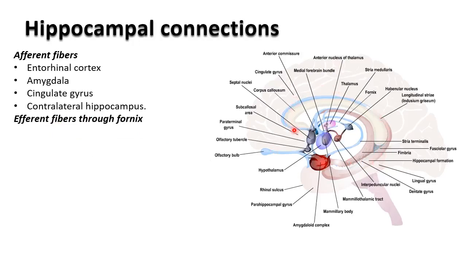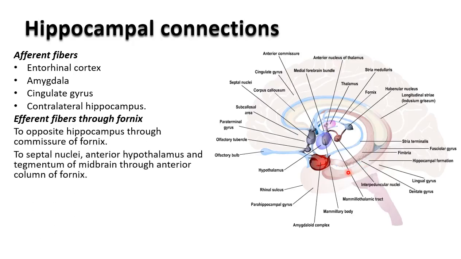The fibers leaving the hippocampus pass via the fornix to the opposite hippocampus, mainly through the commissure of the fornix. I have already shown in the previous picture how the two fornices are connected. Then to the septal nuclei and mainly to the anterior part of the hypothalamus and tegmentum of the midbrain through the anterior column of the fornix.